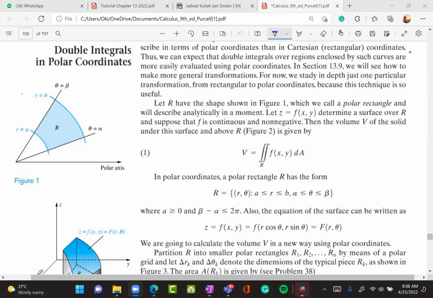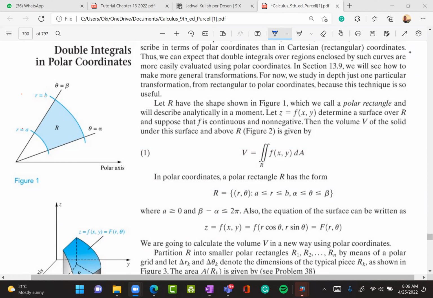Okay, so we'll do the double integral in polar coordinates. First, let me remind you of what we call the rectangular in Cartesian.